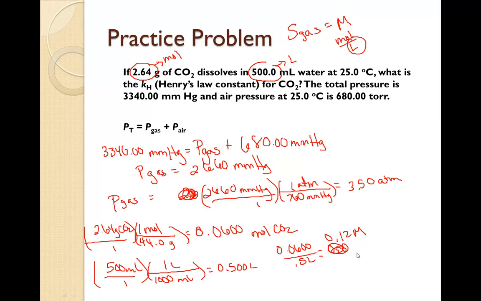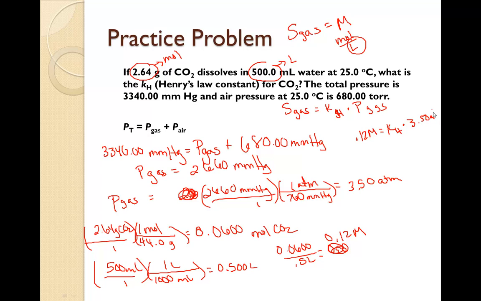Now to figure out Kh, remember our initial equation is S of the gas equals Kh times the pressure of the gas. So we can plug them in. 0.12 molar is equal to Kh times the pressure, which is 3.50 atm.